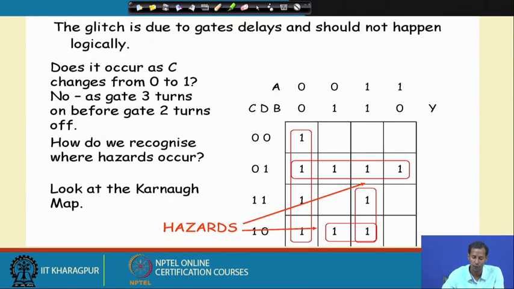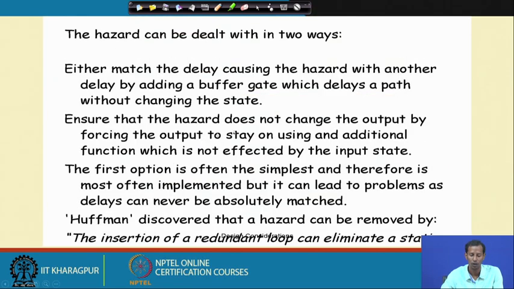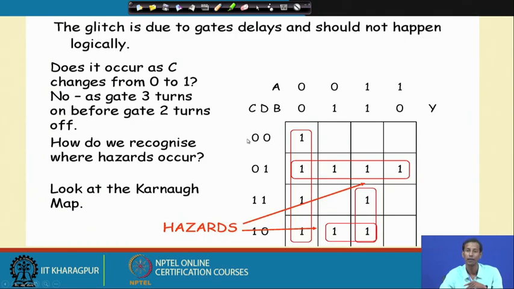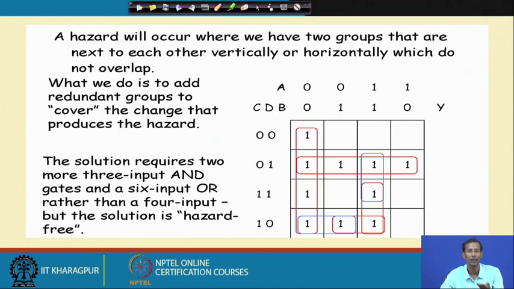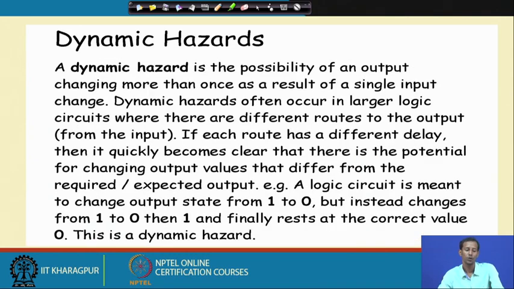One way is that you make the path balanced, and another is that you add some redundant logic to nullify the corresponding glitch which is occurring. So in static hazard we can have two hazards, static 1 and static 0.